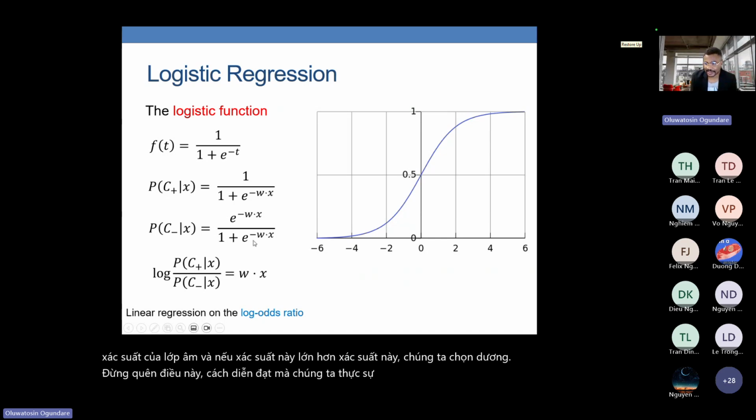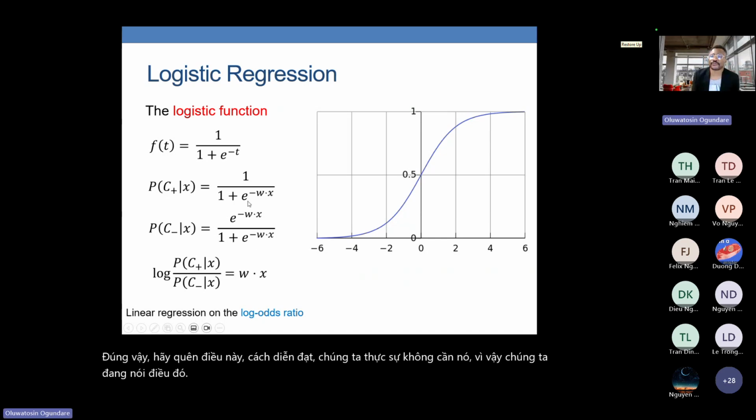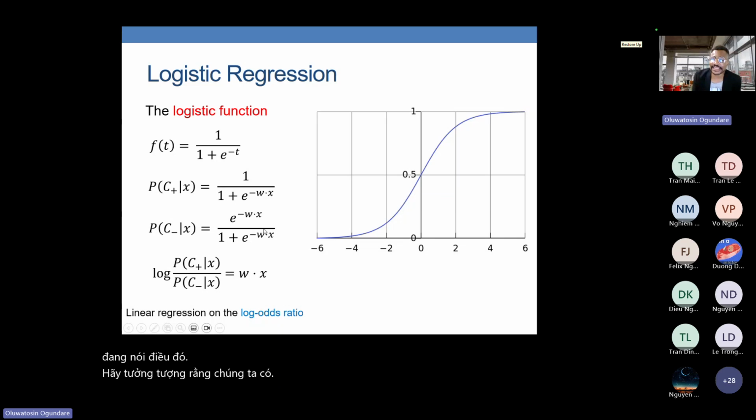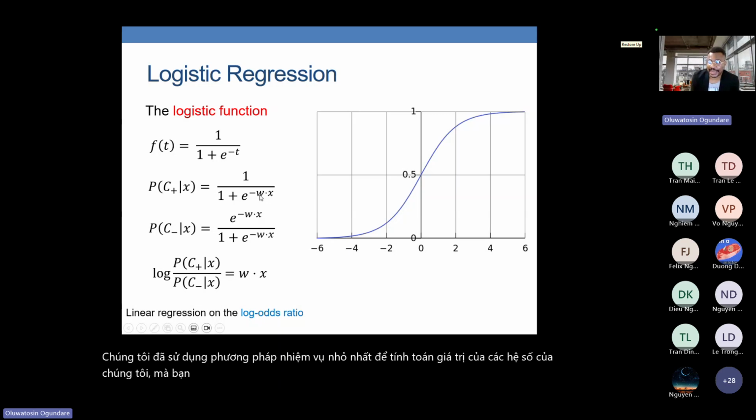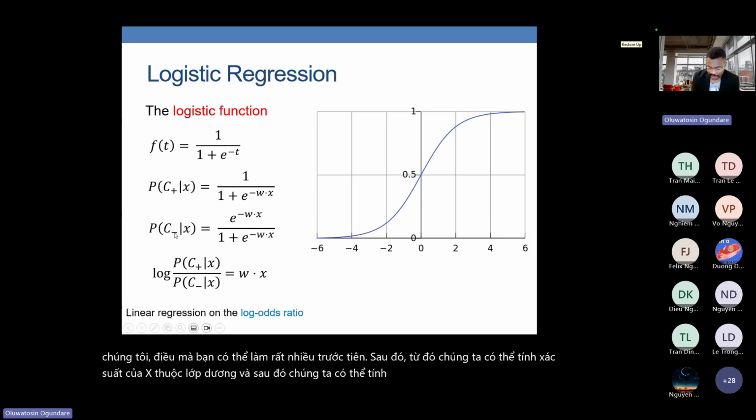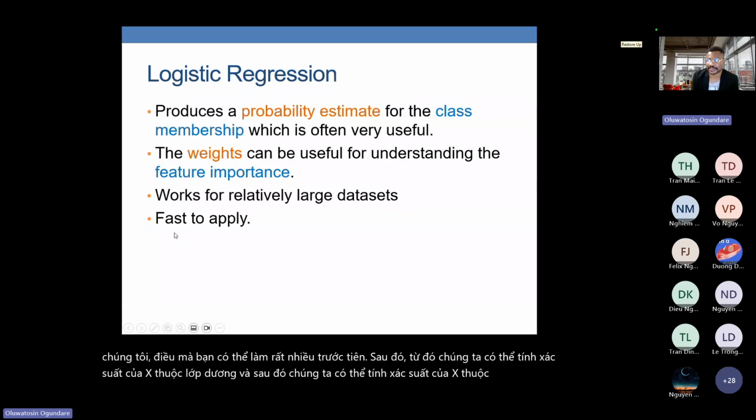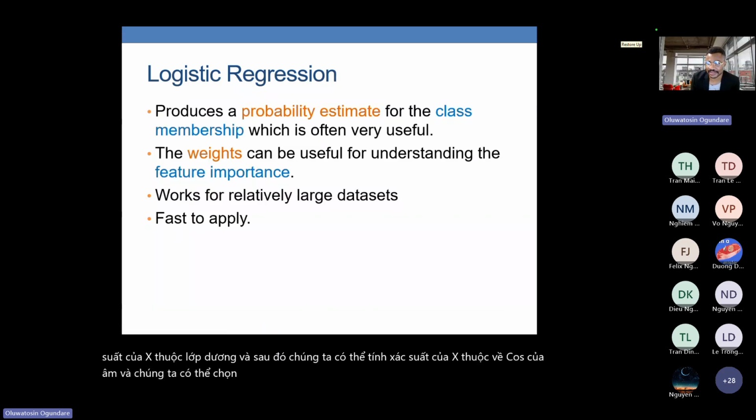So imagine that we have used the least squares method to calculate the value of our coefficients, which you can very much do first. Then from there, we can calculate the probability of x belonging to the positive class. And then we can calculate the probability of x belonging to the negative class. And we can choose the class that maximizes the probability. That's it.